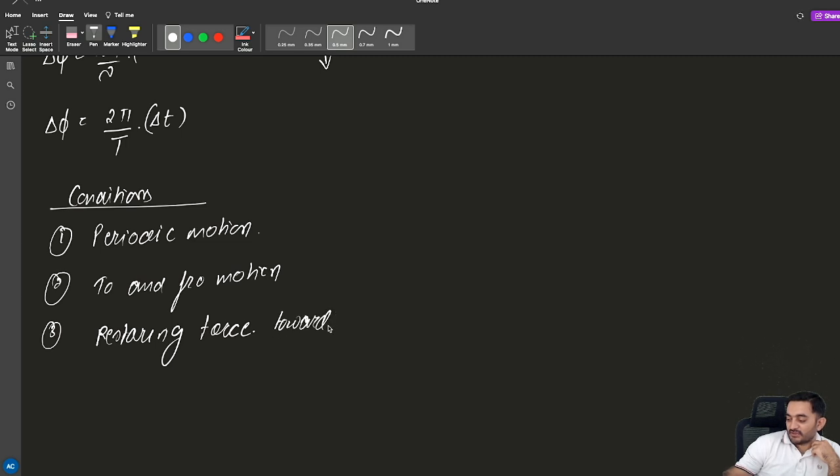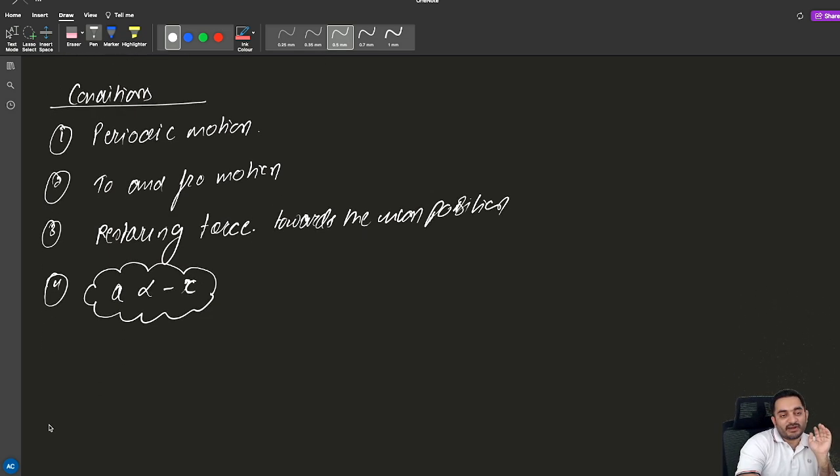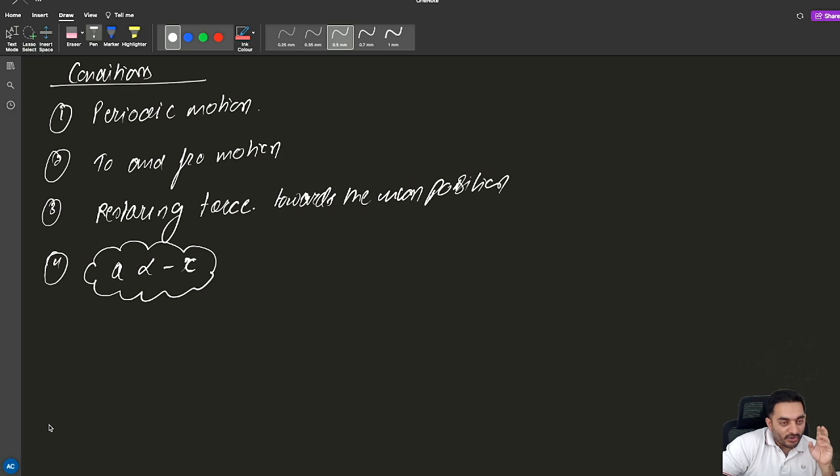And the last one, which you said, is absolutely correct: the value of acceleration should be directly proportional to the negative of displacement. This is one important condition, mathematically, which we can use wherever you have to check whether it's an oscillatory body or not.